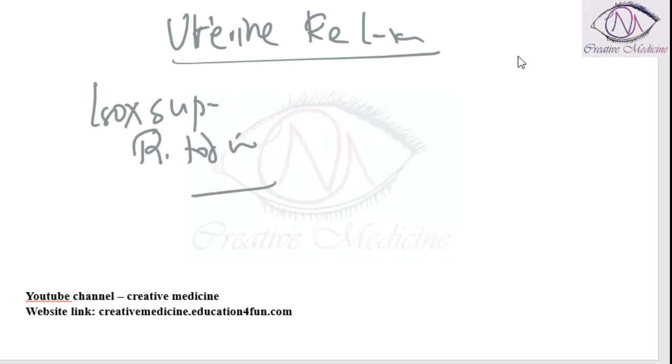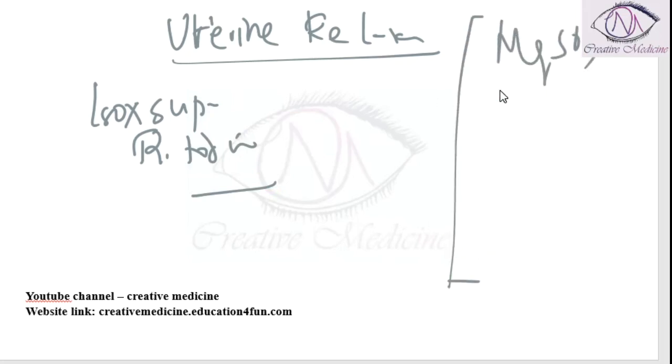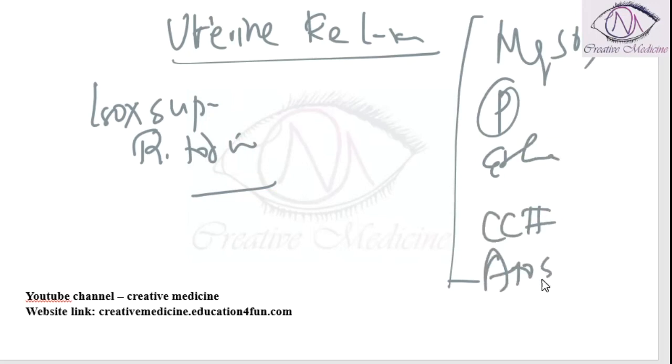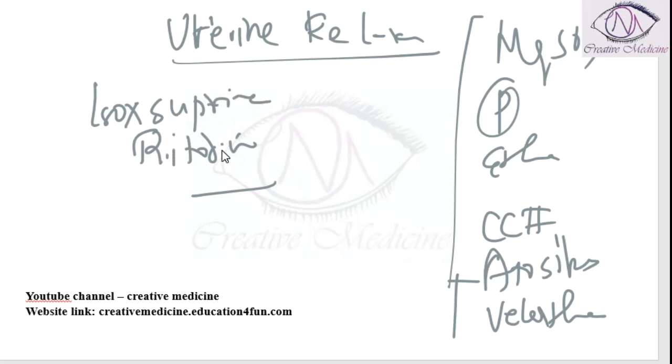Other tocolytics which are not adrenergic drugs are magnesium sulfate, progesterone, ethanol, calcium channel blockers, atosiban and also valethamate. Isoxsuprine and ritodrine are the uterine relaxants which are adrenergic drugs.